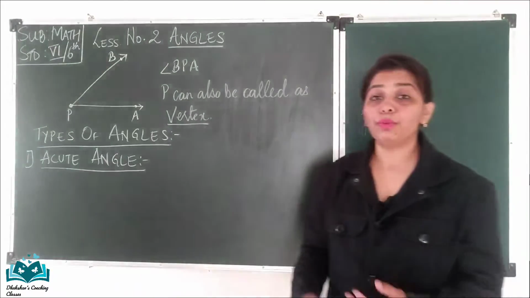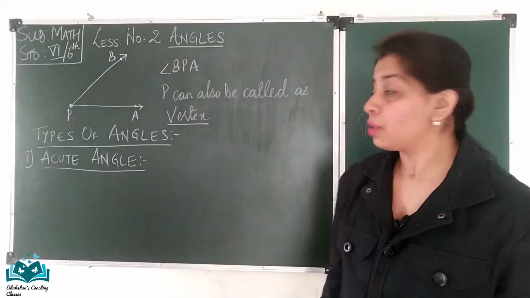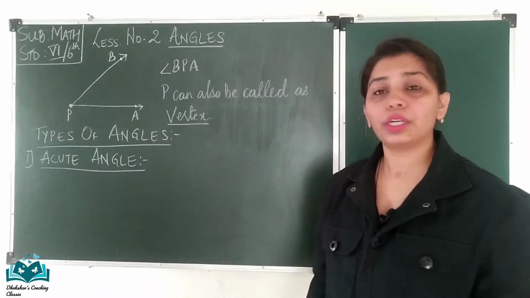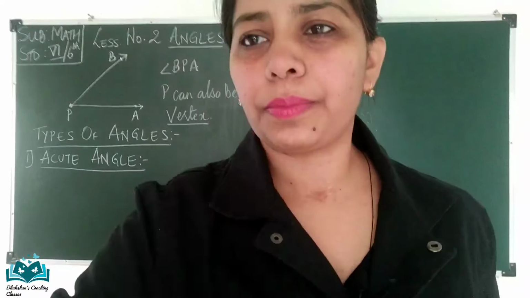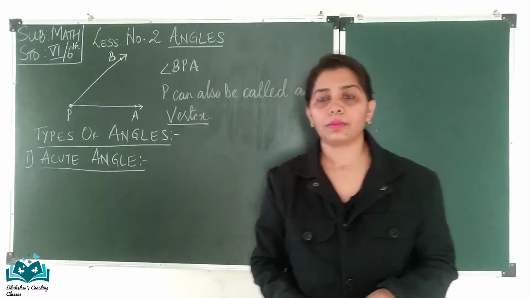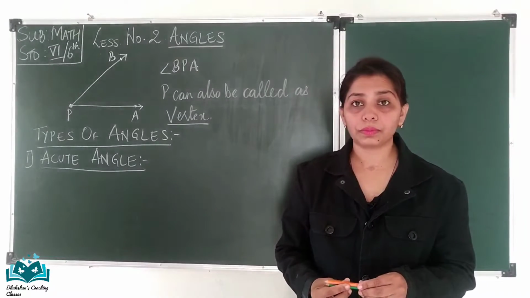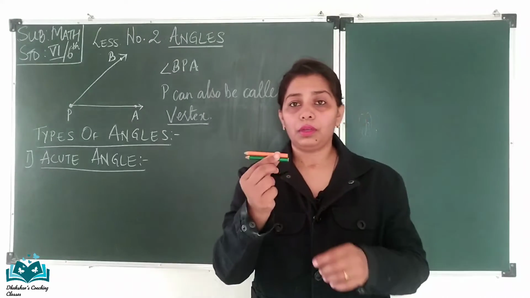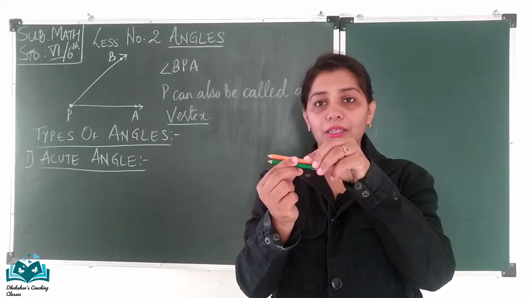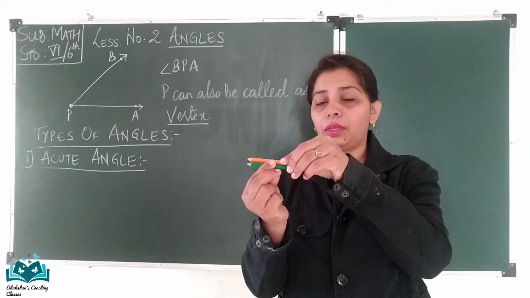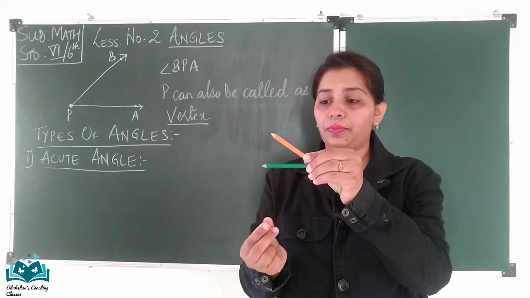Moving ahead, we move on to the types of angles. The first type of angle is your acute angle. This is a line. Consider this to be a line. I open these two lines.